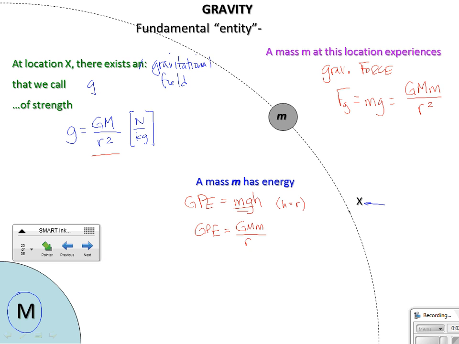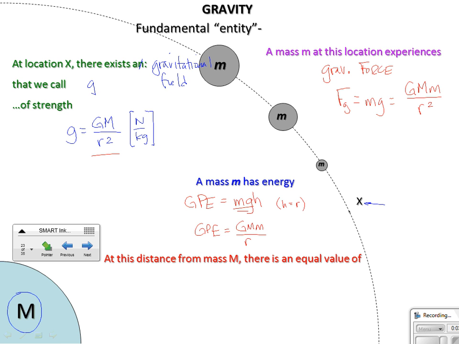Now, let's say we have a bunch of different masses, big M and little m. As long as we're at the same distance away from mass big M, these masses, while they're all different, will all experience a different force. They all have different potential energies associated with mass big M. What they have is an equal value of GPE per unit mass, energy per unit mass.